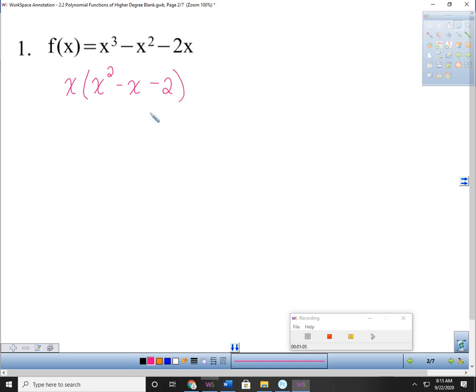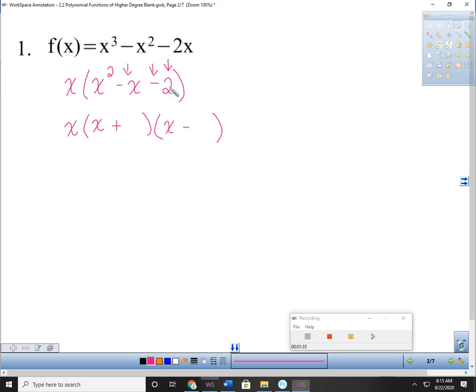Now I have a quadratic that I can split into two binomials. I look at that sign at the back, and I see that I have a minus sign, so I know that I'm going to have a plus and a minus. And then in order to get the x squared in the front, I would have to have x and x. I'm looking for two numbers that will multiply to make this 2 back here and subtract to make the 1 in the middle.